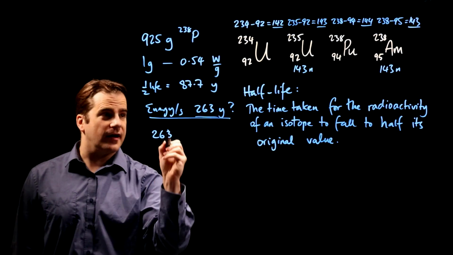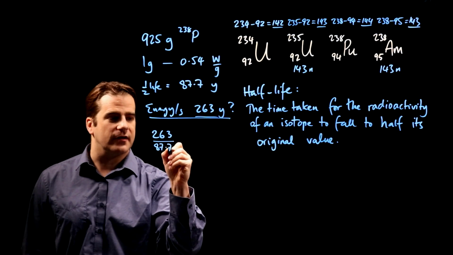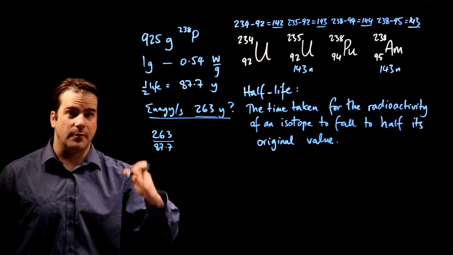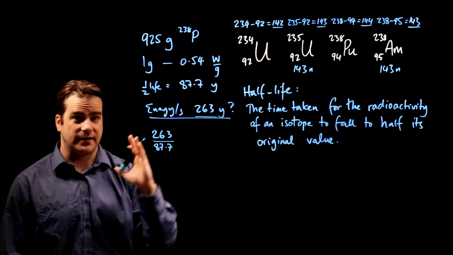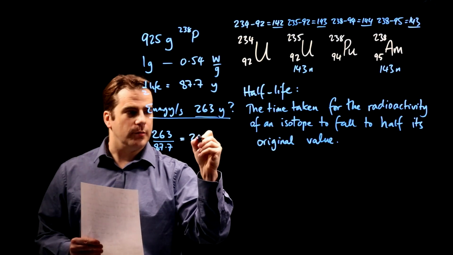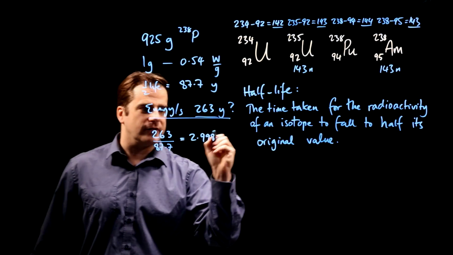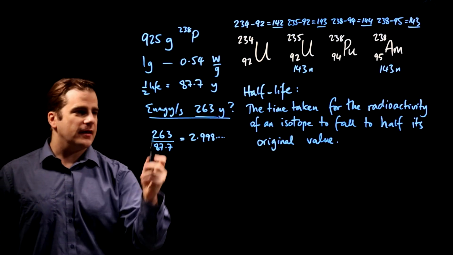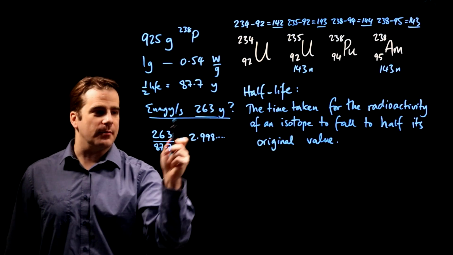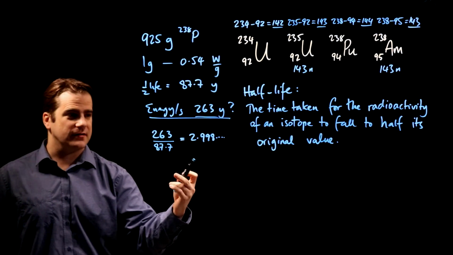So divide the time they've asked about by the half-life, and that will tell you how many half-lives we've gone through. And you get 2.998 something. They've deliberately chosen this number to make life easy for us.